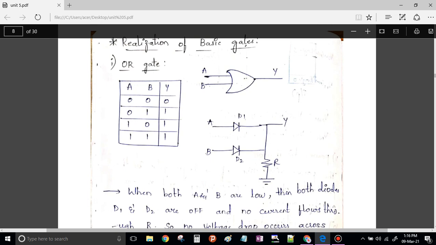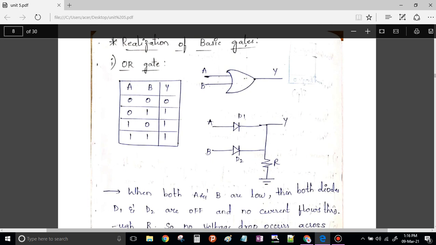This diagram consists of two p-n junction diodes connected with the help of one resistor R to the ground. We know that when a p-n junction diode is given a positive voltage, it conducts, it is in forward bias, and it acts as a closed circuit, therefore it is an on switch.